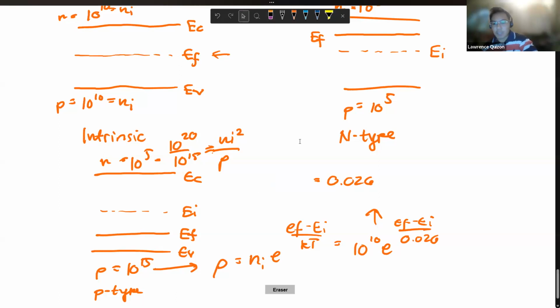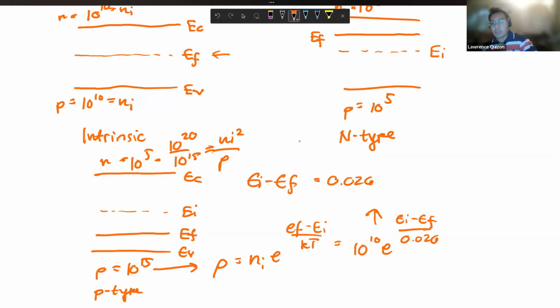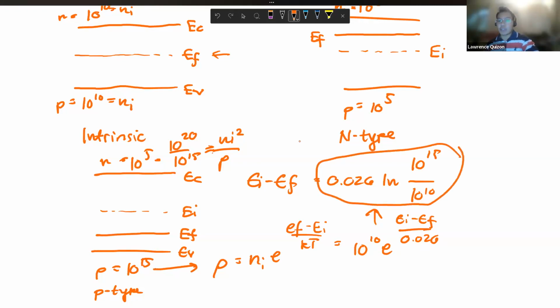So, EI minus EF is equal to 0.026 ln of 10 to the 15 over 10 to the 10. No? So, this exact value, if we calculate that, would be this distance.